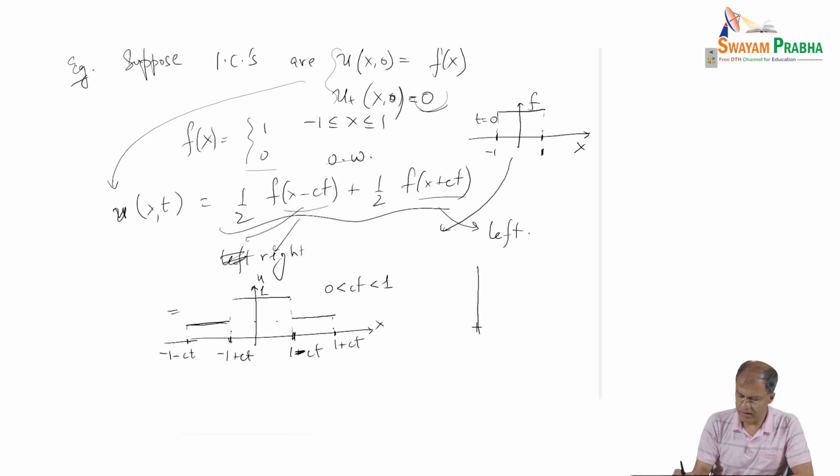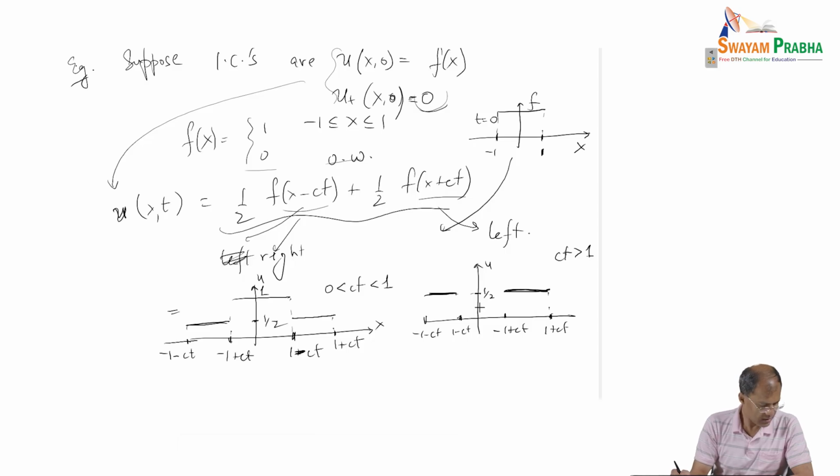So for ct greater than 1, the solution u comes out to be minus 1 minus ct to 1 minus ct, and this is the value equal to half. And similarly from minus 1 plus ct to 1 plus ct we have the following.